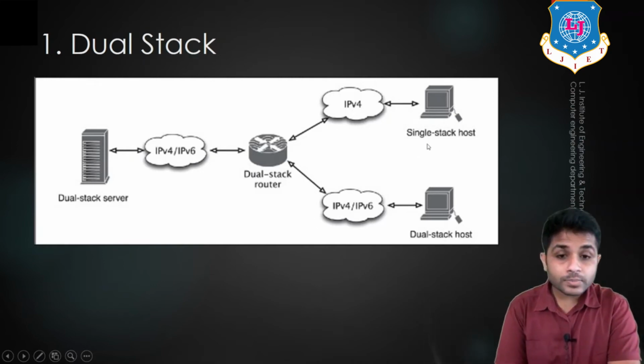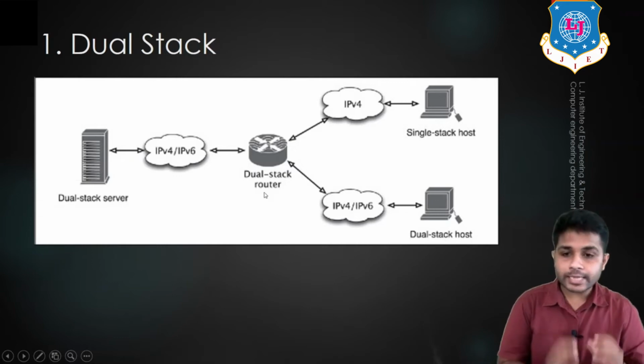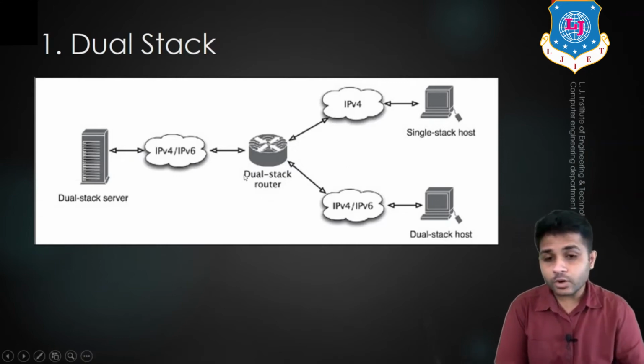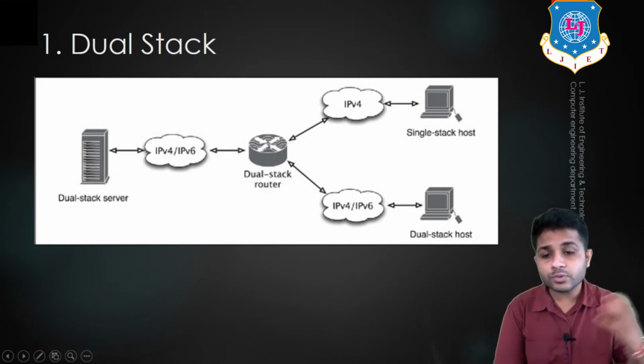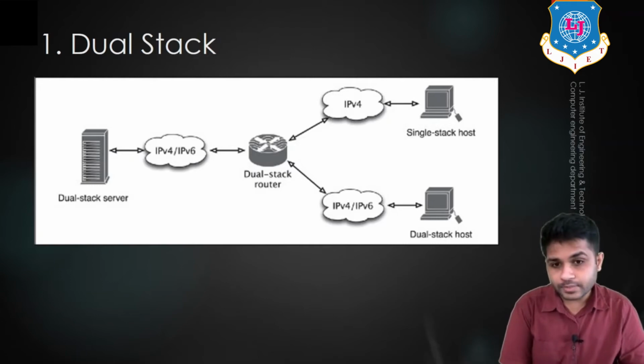Because it is a single stack host, it can only send IPv4 packets. If any router is using the dual stack technology, it can simply receive those packets and simply forward those packets. So this is how the dual stack method works.